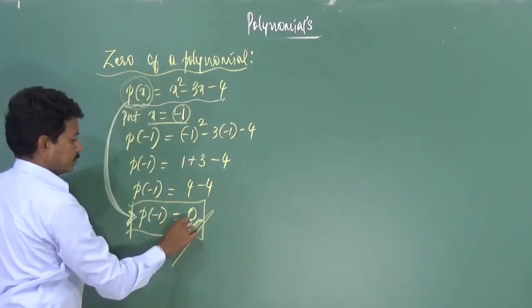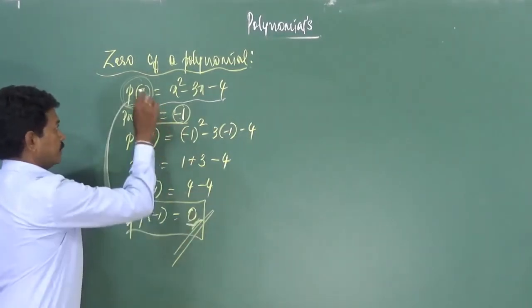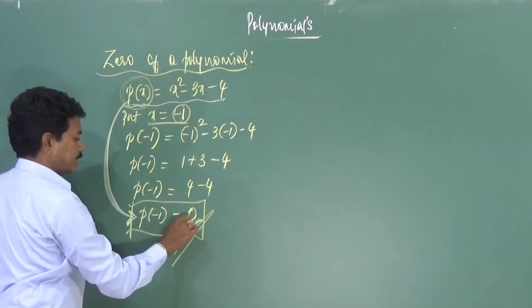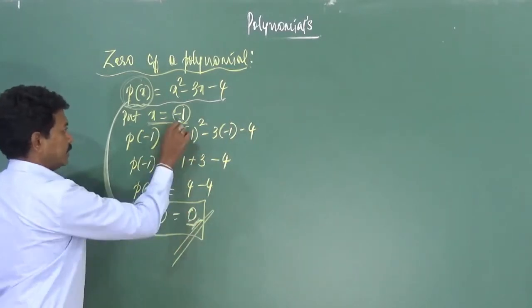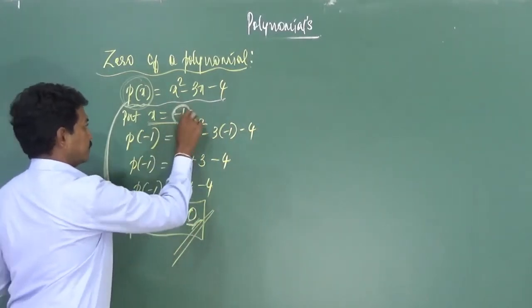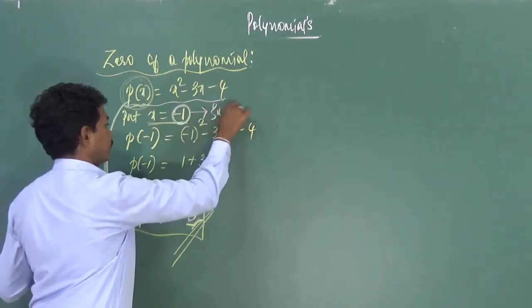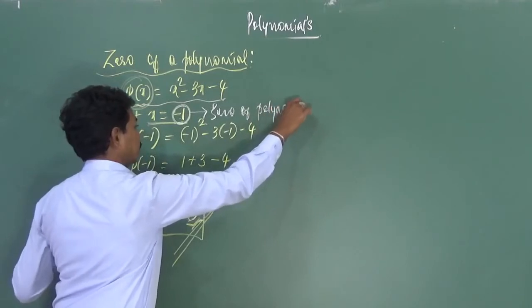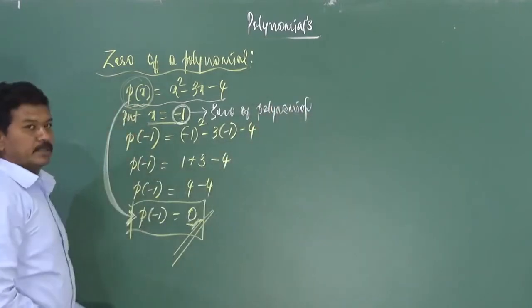So the value which made p of x become 0 is minus 1. Therefore, minus 1 is called the 0 of the polynomial. You have to remember this.